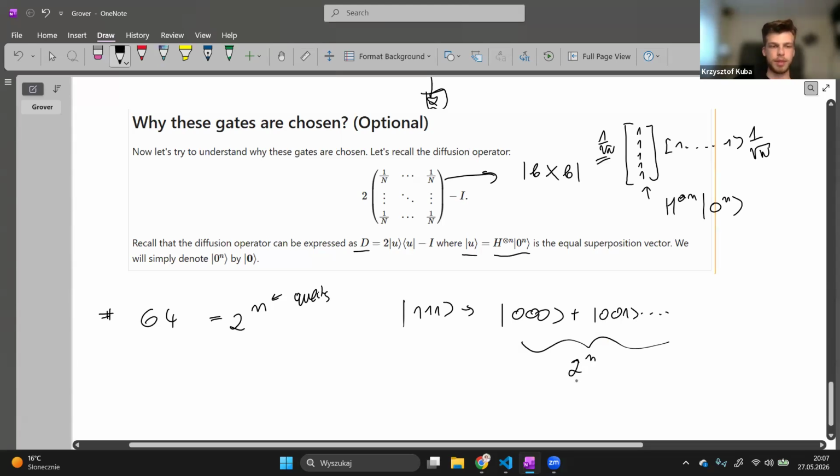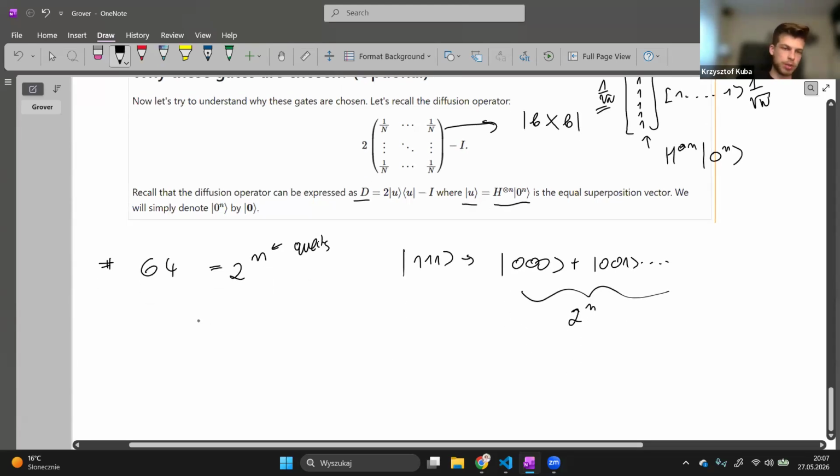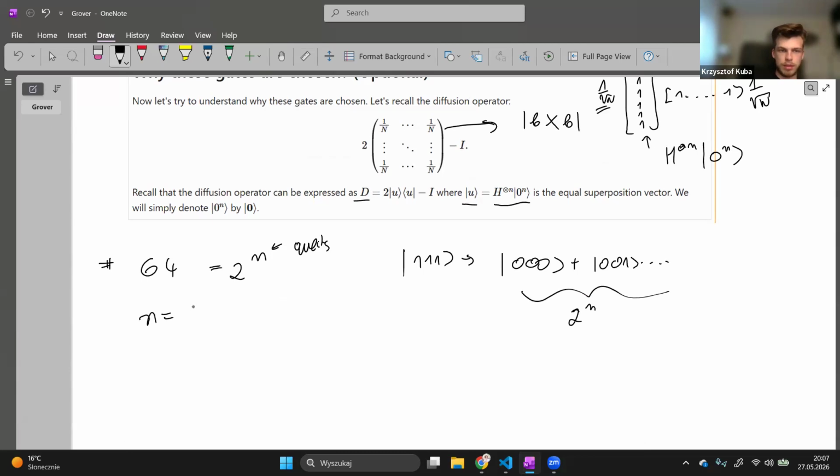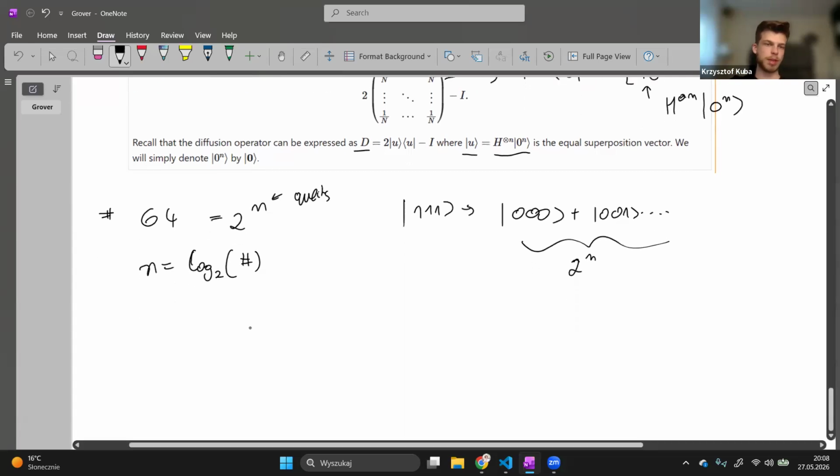We can also write this as n equals log base 2 of the number of elements, I think, if I'm not mistaken. Yeah, that should be it.